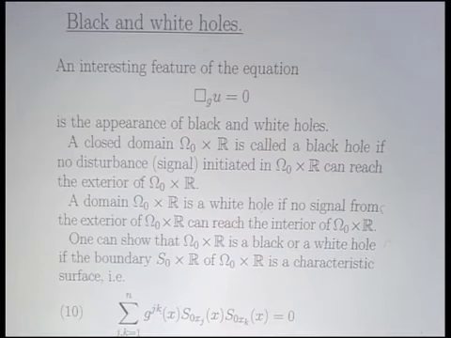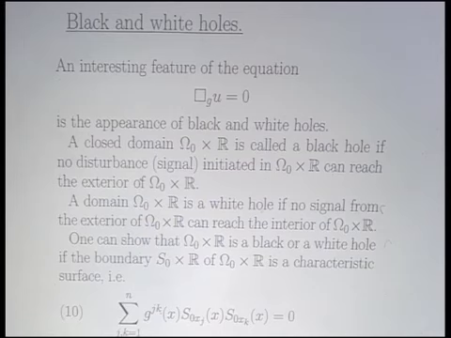Consider a cylindrical domain, and we are talking about a stationary matrix. The cylindrical domain Omega cross R is called a black hole if no signal or disturbance from inside can reach the exterior. The domain is called a white hole if no signal from outside can reach inside. I will show a picture later.